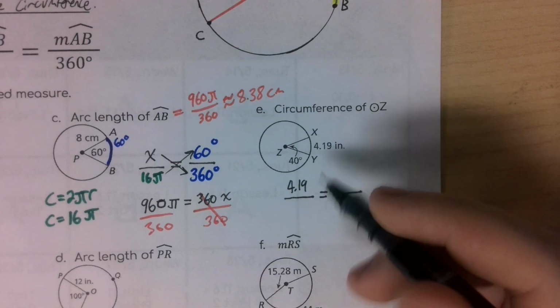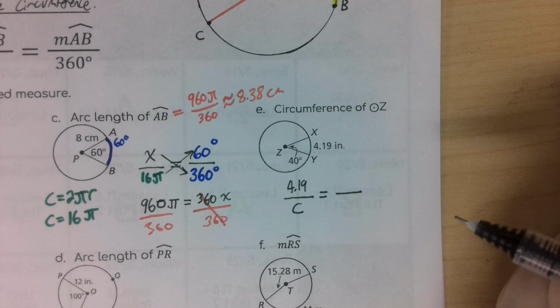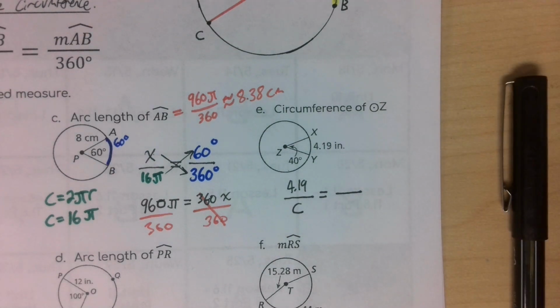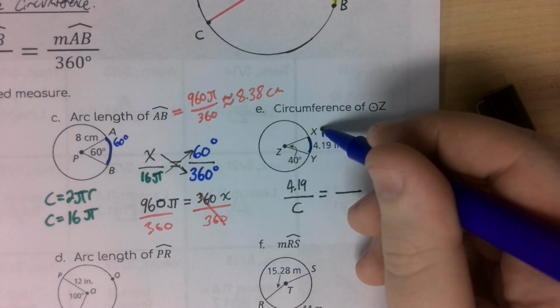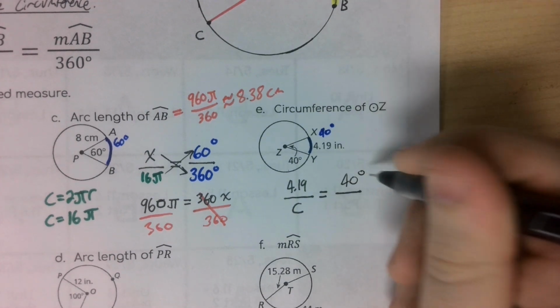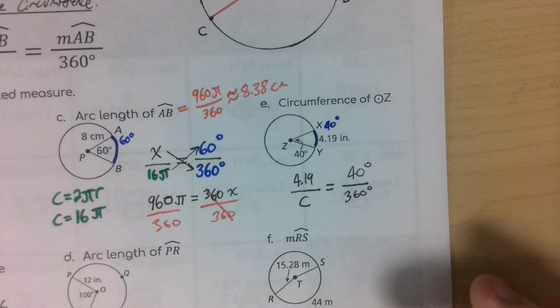Down below, since we don't know the circumference, that's what we're trying to find, we can call it C. Do we know the arc's measure? Well, since the central angle is 40, the arc's measure is 40 degrees. And finally, it's all over 360.